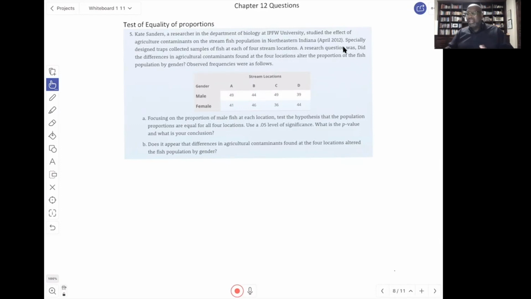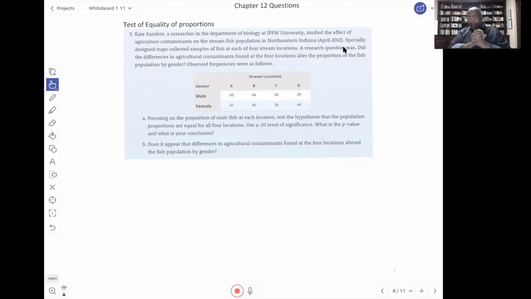So how do we handle such a problem? The first thing we have to do is take the samples that we have and figure out, if they all should have the same proportion, what is our best estimate of that proportion?